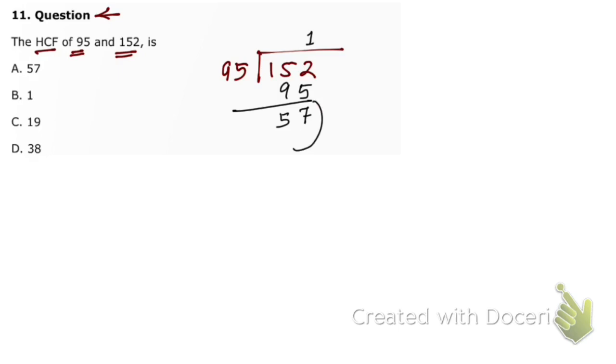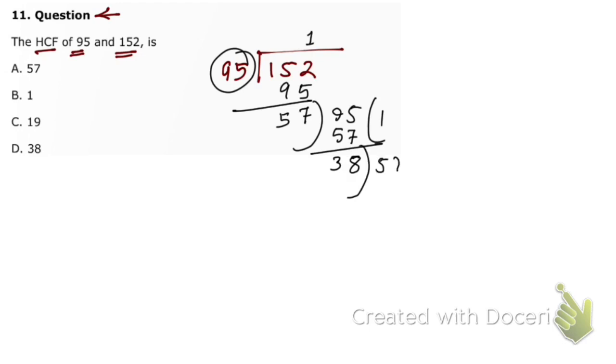Now let's divide 95 by the remainder we have got here, 57. Again 1 time 57, then here we're going to get 38. Then 57 divided by 38, again 38, so it's going to be 19.